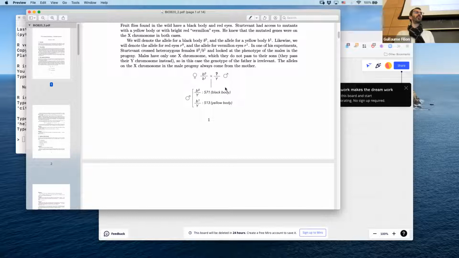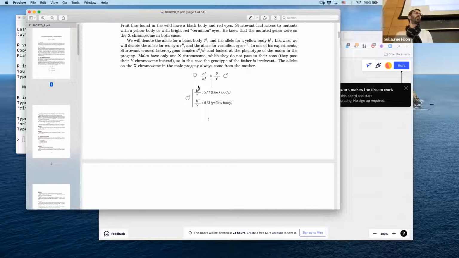So the cross is here to remind you how that works. And if you have never seen this, it's not too challenging. So the female here has got 2 different alleles, B0, B1. The male has got something here on his X chromosome, but we don't care what that is in this particular cross. And facing the X chromosome, he has a Y chromosome. So the gametes meet, babies are born. And so if we count only the males, from their father, they received the Y chromosome, and from the mom, they received either B0 or B1.